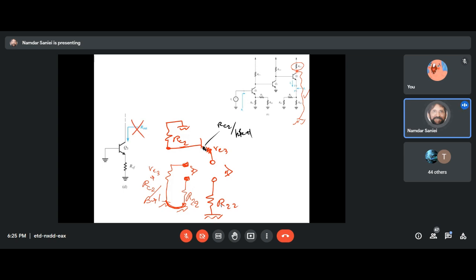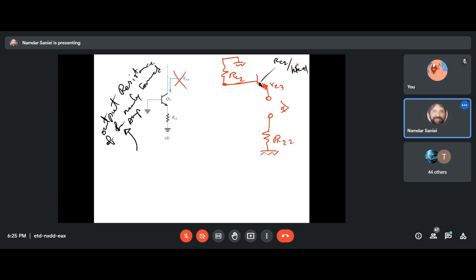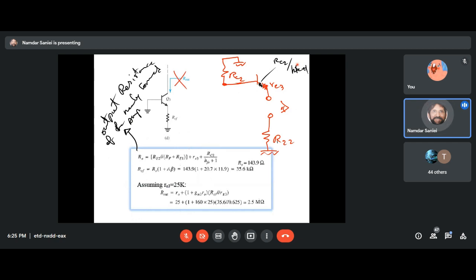Okay, so what about the output resistance of the circuit? The output resistance of the circuit is this big resistance in parallel with RC3. And RC3 is way smaller than that. So it turns out to be RC3. So basically, we did go through this and find the output resistance, but in practice, we don't really need to do that.